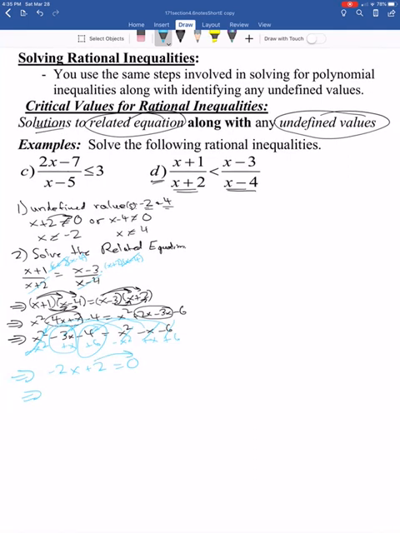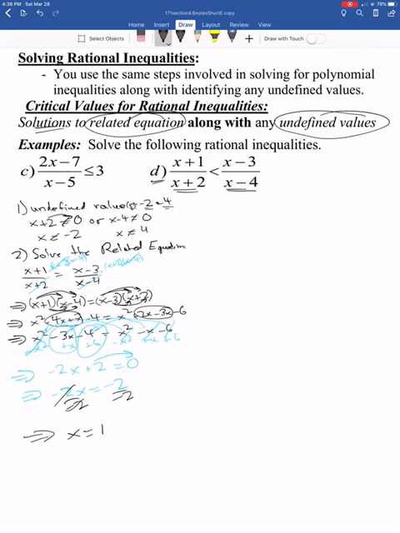As we solve a linear equation, we need to isolate the x term and then divide out the coefficient. So we'll divide out negative 2 on both sides, and I get x equal to 1. So x equal to 1 is a critical value. 1 is the solution to this related equation.